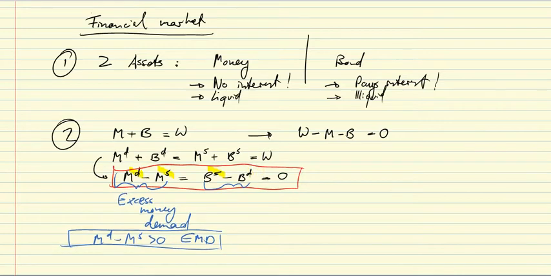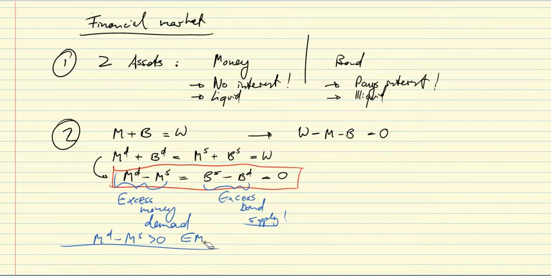So that means that when excess money demand is positive, we have excess bond supply, not bond demand but bond supply. Excess money demand implies excess bond supply. But if these differences are non-zero, then the financial market is in disequilibrium.